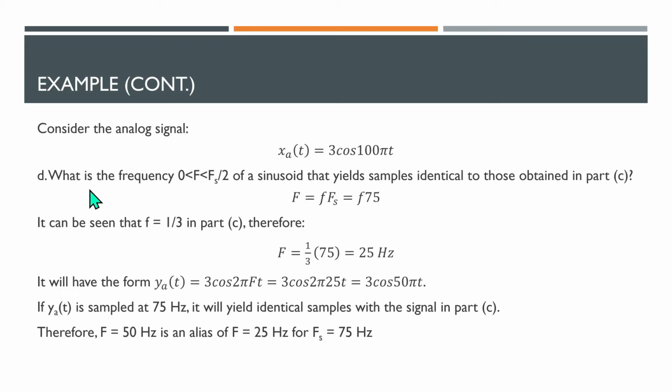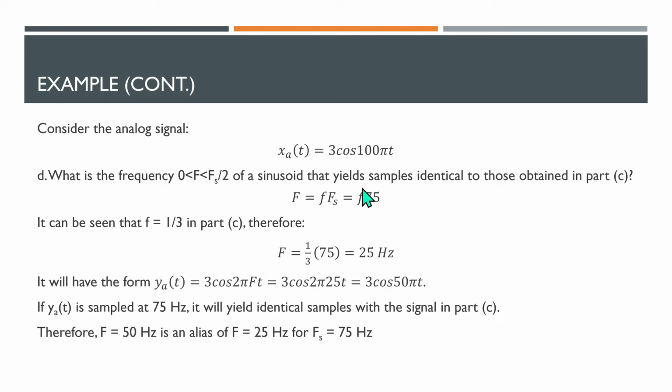For letter D, what is the frequency F greater than 0 but less than F_s/2 of a sinusoid that yields samples identical to those obtained in part C? So we will use this equation, F equals small letter f times F_s. f is our normalized frequency and F_s is the sampling rate.